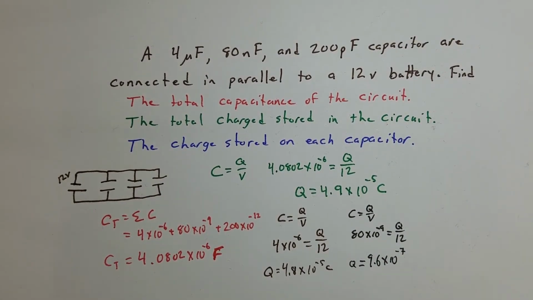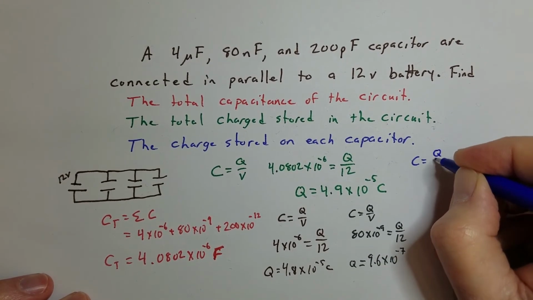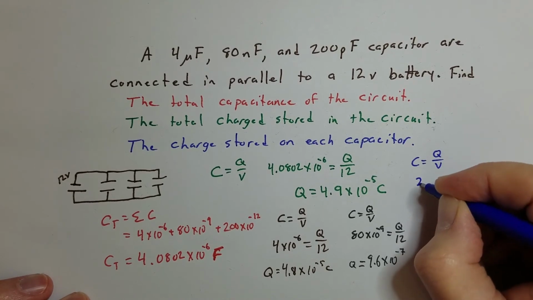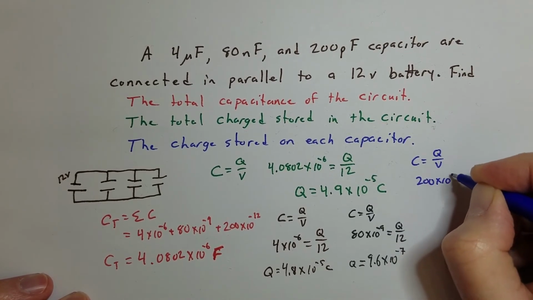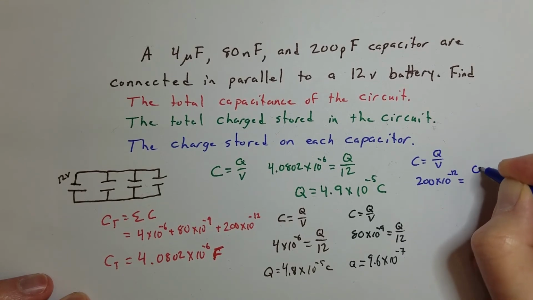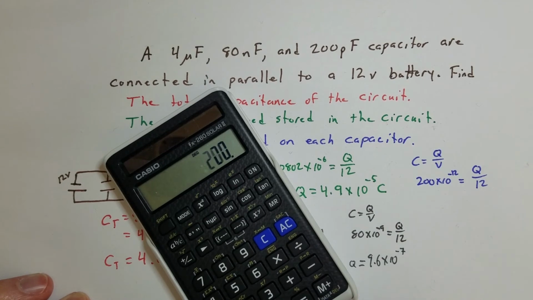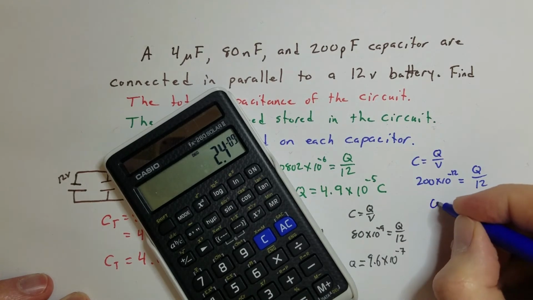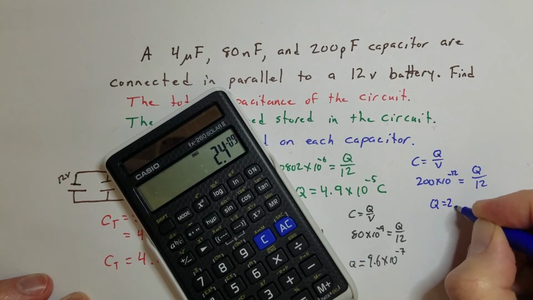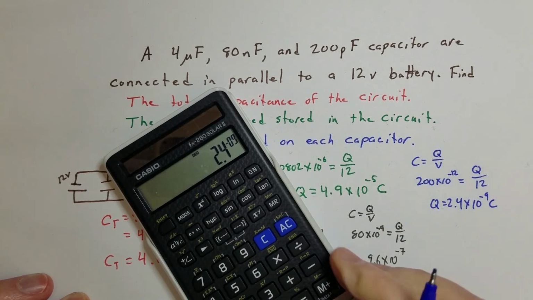And for the last one, C equals Q over V, 200 times 10 to the minus 12 equals charge over 12. So 200 times 10 to the negative 12 times 12 is a charge of 2.4 times 10 to the minus 9 coulombs.